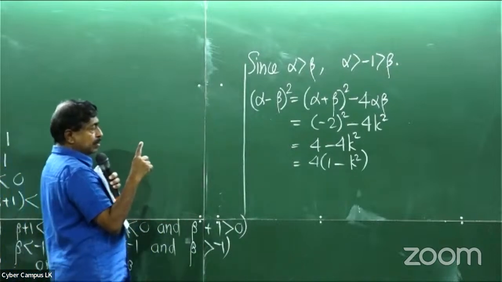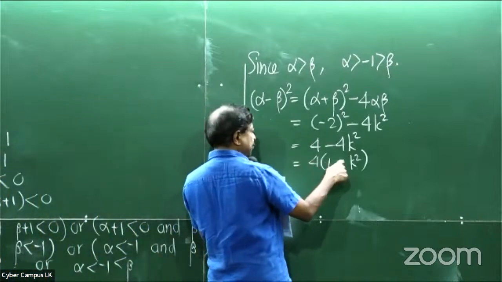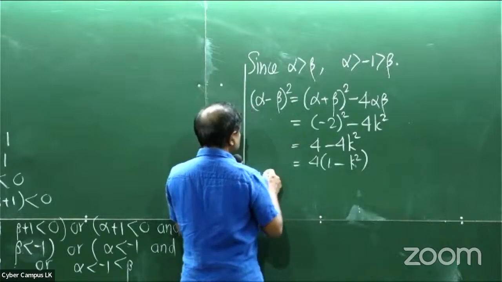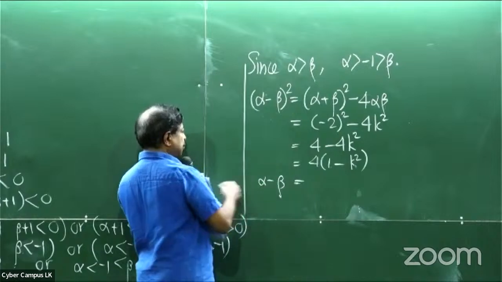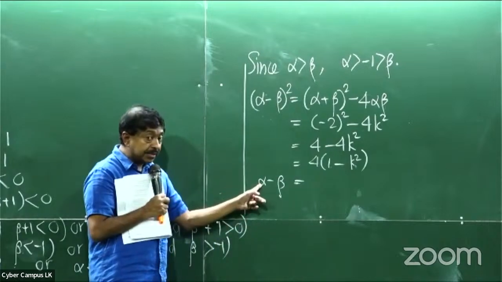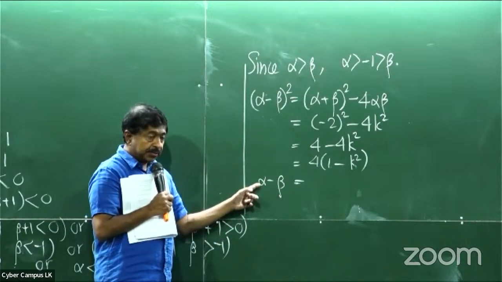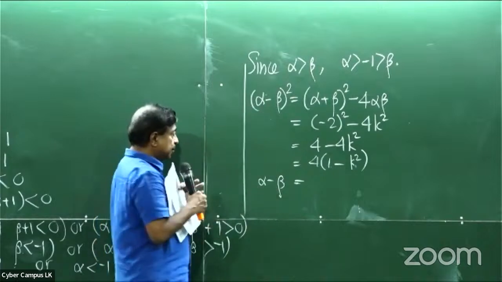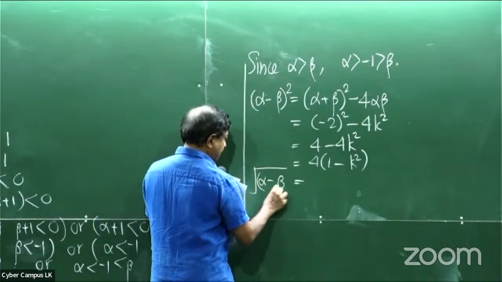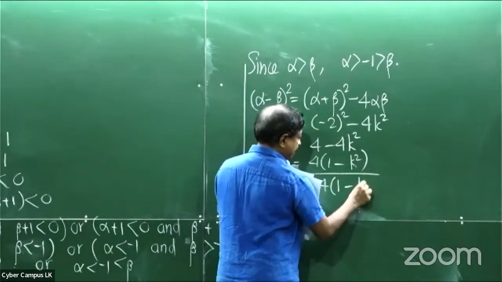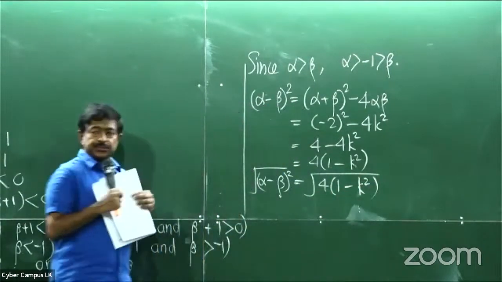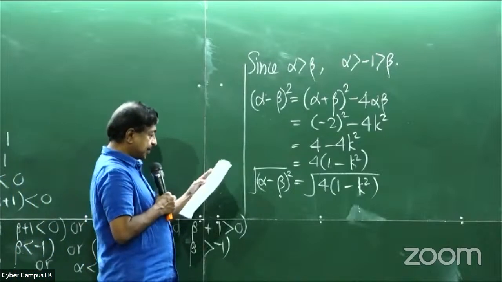Now, mod k is less than 1. Therefore, this is positive. Then you can find alpha minus beta. If you take the square root, since alpha is greater than beta, you can write it like that. Square root should be positive. Or I can do it like this. Take the square root of each piece in the right-hand side.